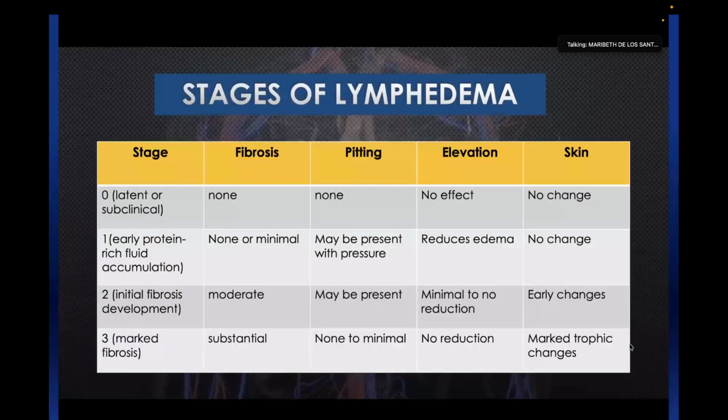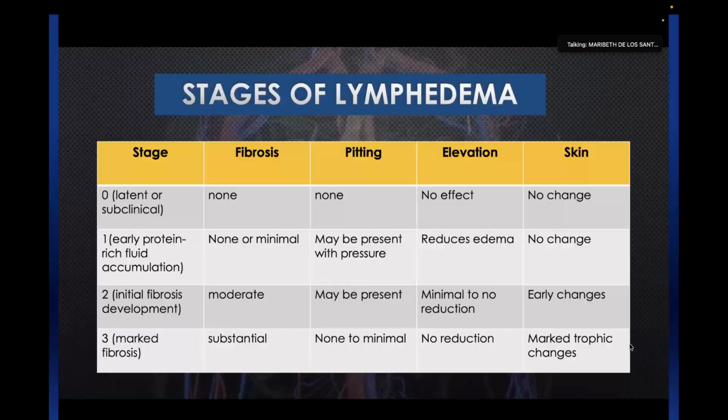Okay, so I have here a table for stages of lymphedema. We have here characteristic features for each stage. Asymmetry of limbs may be seen already with stage 1 lymphedema, with marked fibrosis and full-blown limb asymmetry seen in stage 3 lymphedema.